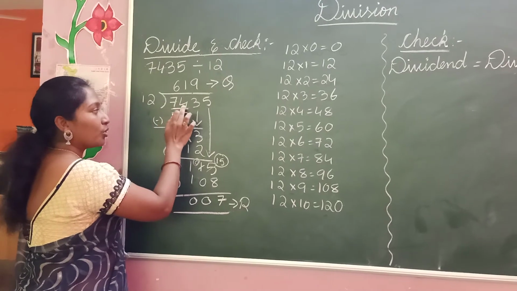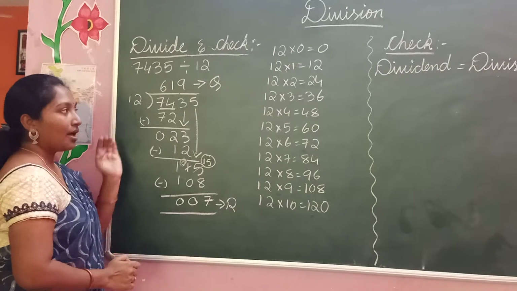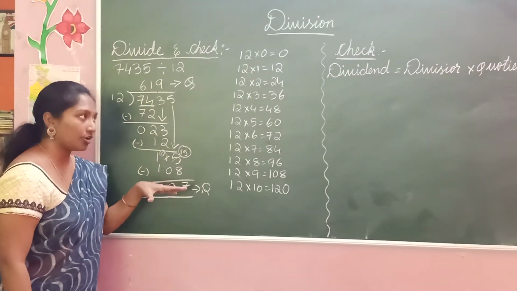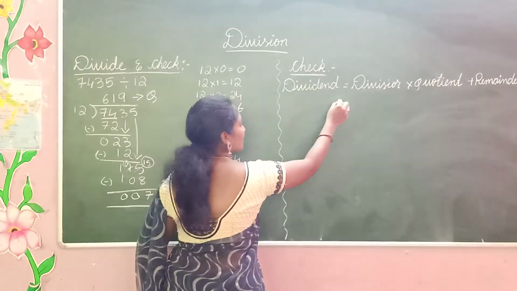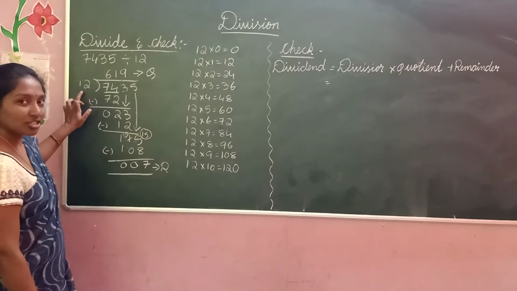This 7435 is the dividend, 12 is the divisor. By using these values, we will check whether this division is right or wrong. What is the divisor here? The divisor is 12.